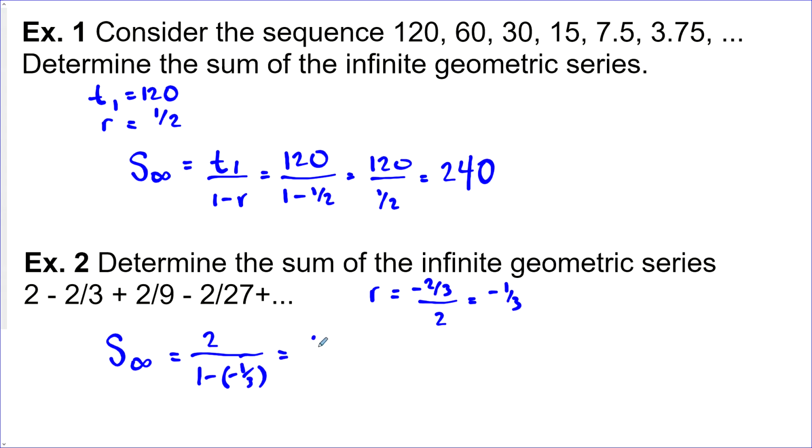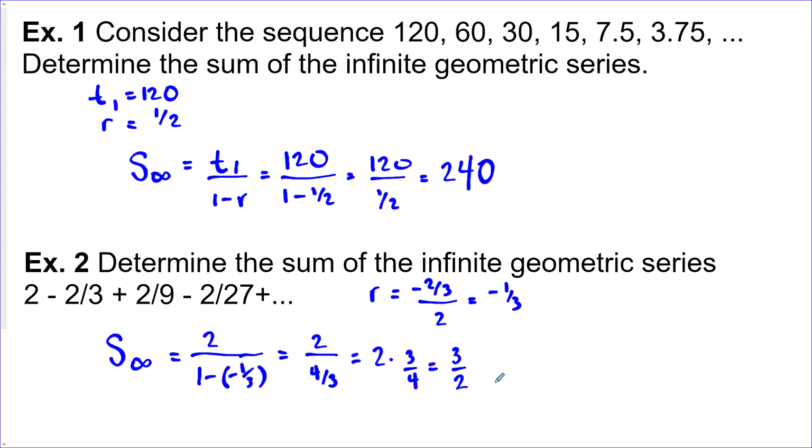So we have 2 in the numerator. This would be adding here, so 1 plus 1/3, which would be 4/3. And if we're dividing by a fraction, we can multiply by the reciprocal, so 3 over 4. And simplify this or multiply it through, and we can get that this is 3 over 2, or if you want, 1.5.